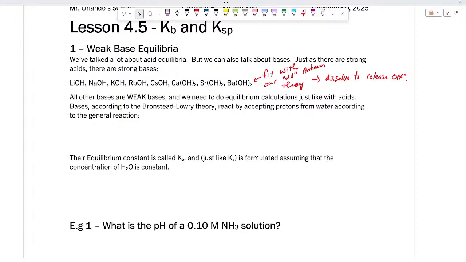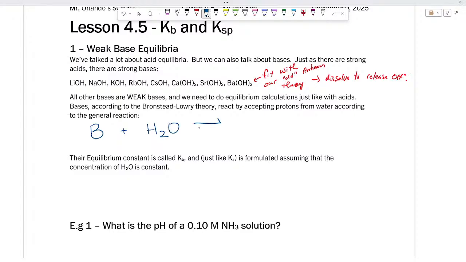Yeah. Good. But all other bases are weak bases. And for those, we aren't necessarily going to see that they have an OH minus ion that they release. Instead, bases are going to follow this basic thing, which is a base will react with water.